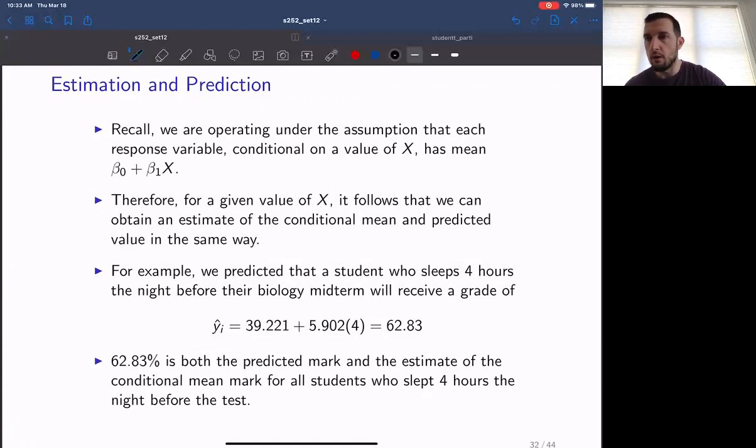Now, just like in any of our other inferential studies, there is an error associated with the estimate. The same way that we have an error associated with B1, the estimate of the slope, which we account for in the hypothesis test and the confidence interval, there is an error associated with the predicted value that we found using our regression line.